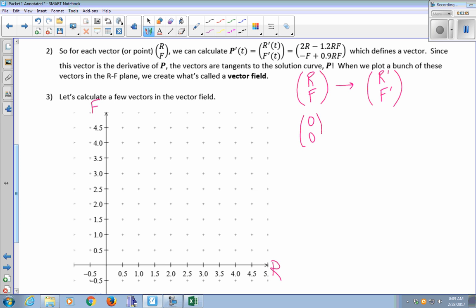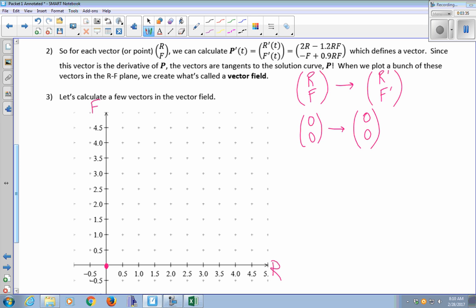It's a real easy one. You calculate r prime, f prime by using the equations for r prime and f prime. Okay, so 2r minus 1.2 RF, well, that'd be 0 and 0 when you plug 0 in for r and f into those two. So you just put a point there if the vector is 0, 0.